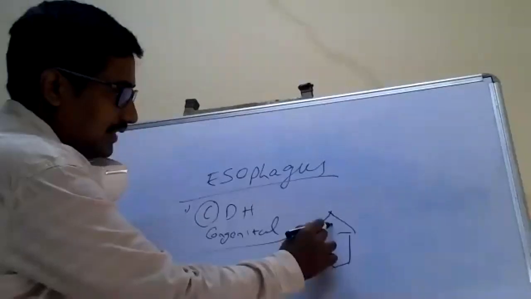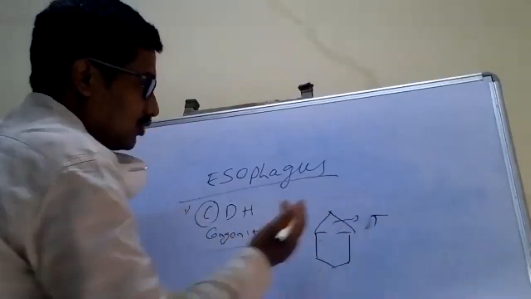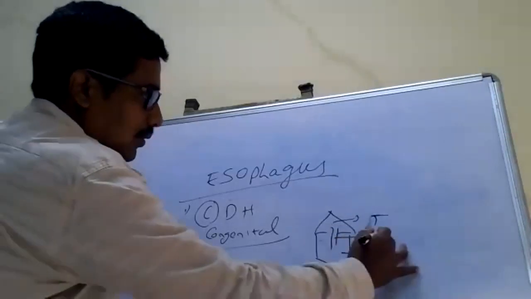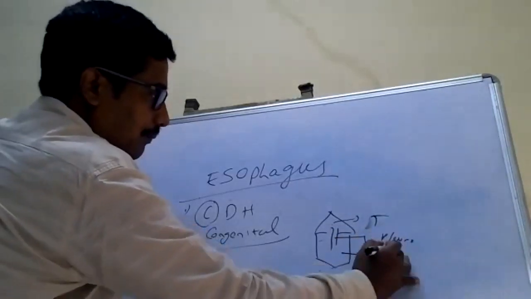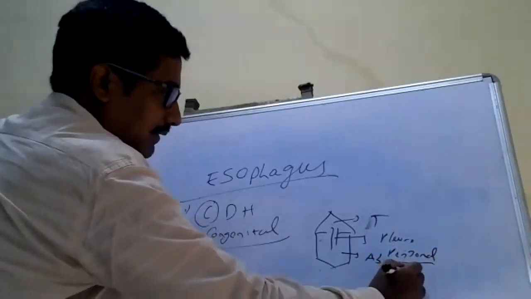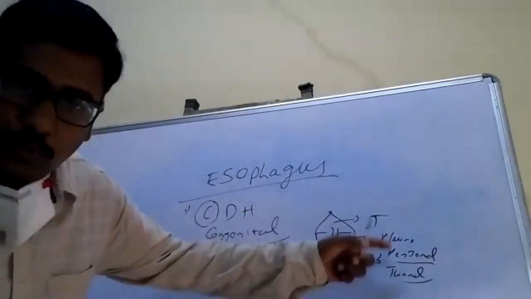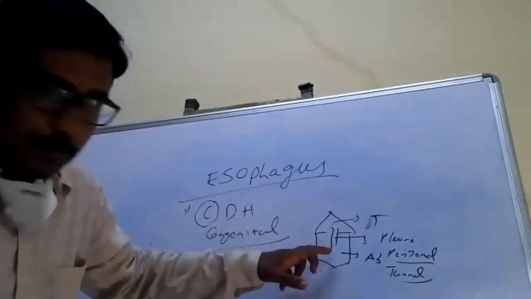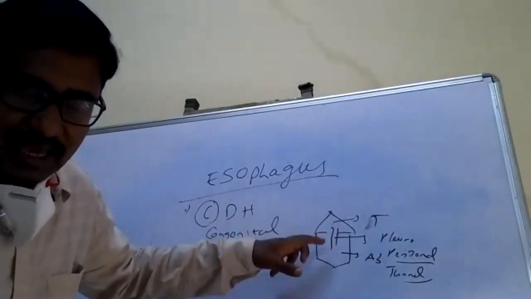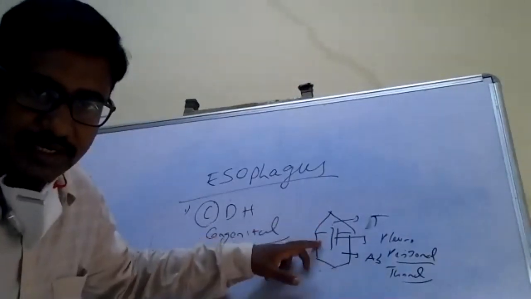In between the thorax and abdomen, there is a connection called the pleuroperitoneal tunnel. Through this pleuroperitoneal tunnel, there is herniation of the abdominal contents like transverse colon, stomach, and spleen.